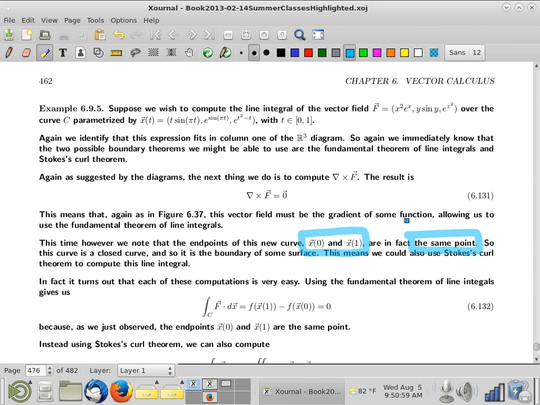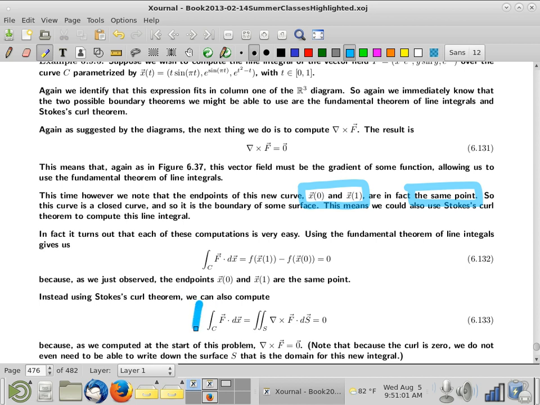Being the boundary of a surface, I could compute that line integral with Stokes' theorem. This line integral would be the flux of the curl of the vector field. Well, conveniently, the curl of the vector field is 0. So, in fact, an alternative way to compute this line integral is to realize that it's a flux of 0, which, of course, is 0.